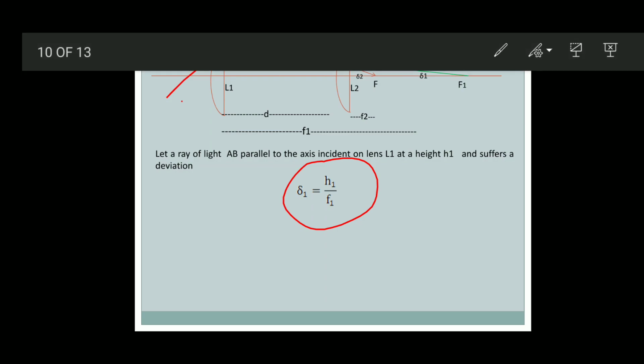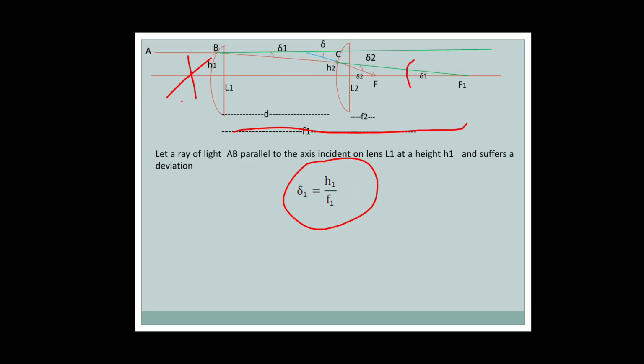Delta 1 is the deviation angle, equal to tan theta, which is opposite by adjacent, that is h1 by f1, where h1 is the height at which the ray is incident on the convex lens L1, and f1 is the focal length of the convex lens L1. Here tan theta is approximately equal to theta.